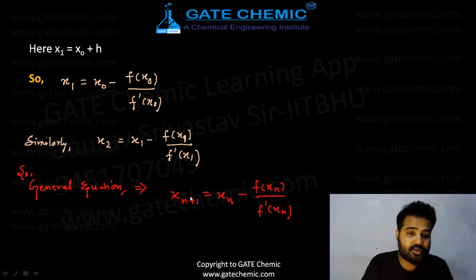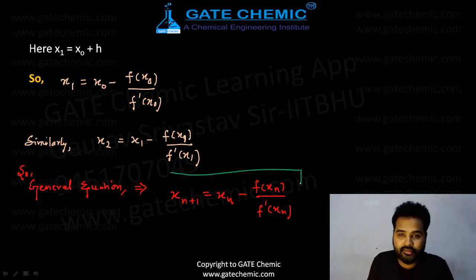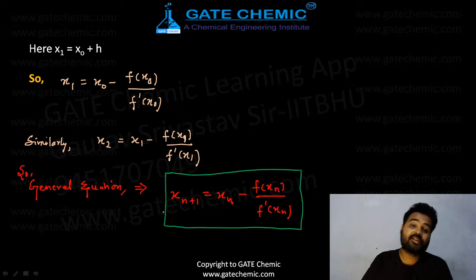So this is your final formula, and beta learn it, because in the examination you can't derive it in less than 10 seconds. So learn this formula. This is a very important formula.